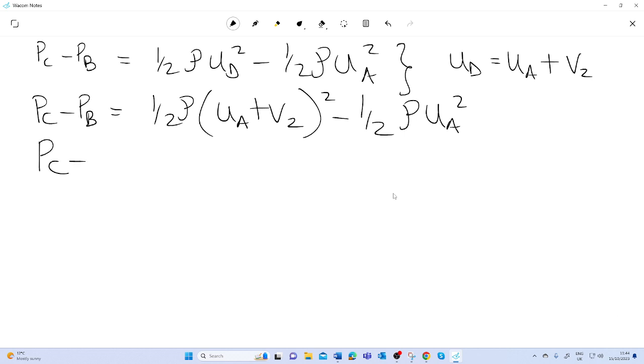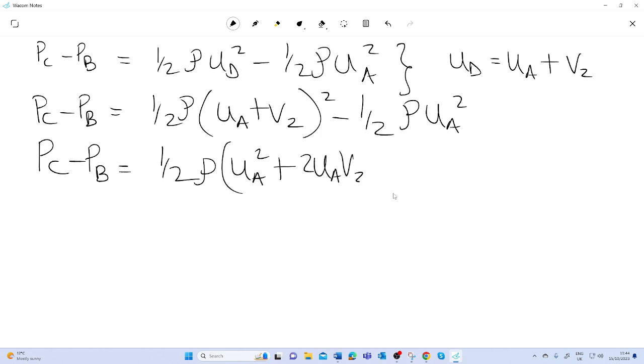So our PC minus PB equals half rho (UA squared plus 2 UA V2 plus V2 squared) minus half rho UA squared.